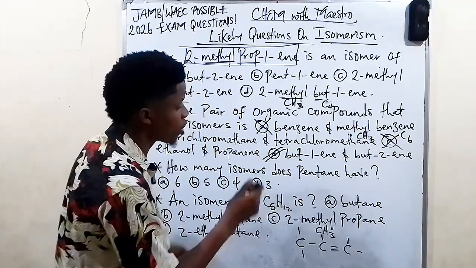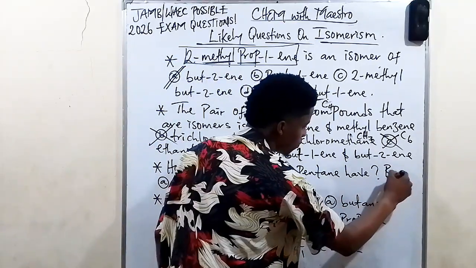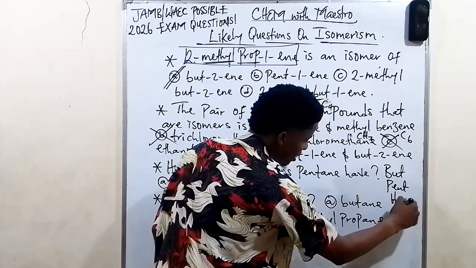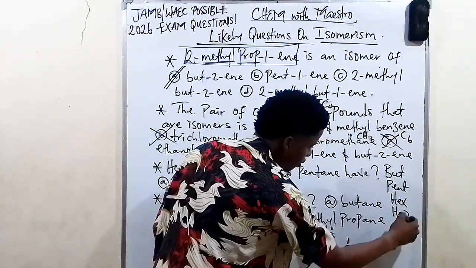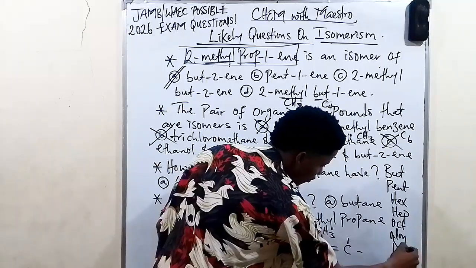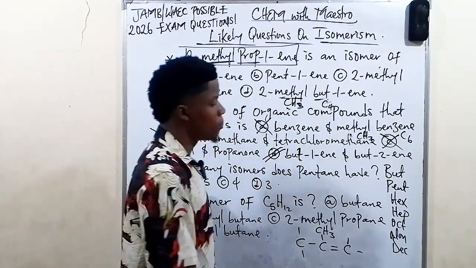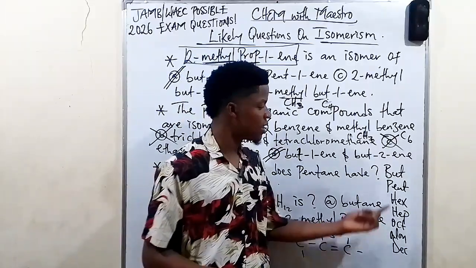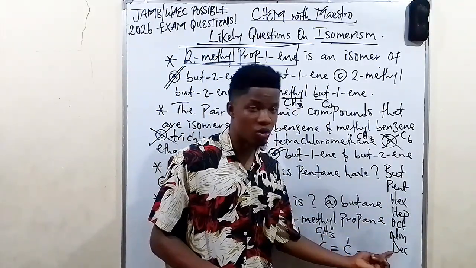So now just memorize it. We have butane, then pentane, hexane, heptane, octane, nonane, and then decane. So memorize these numbers, the number of isomers in alkanes starting from butane to decane.